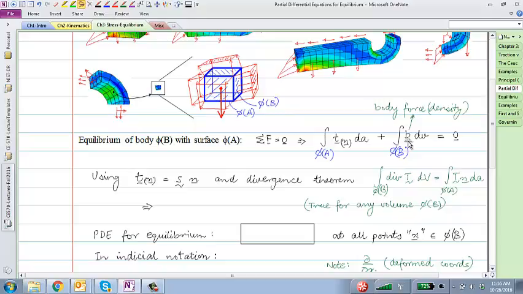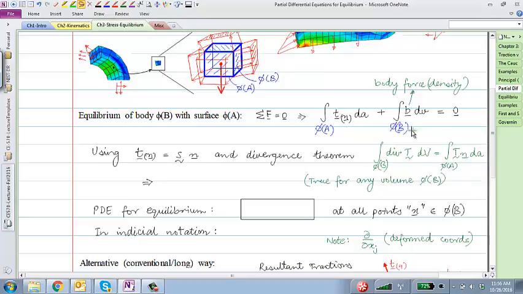Density times acceleration due to gravity, and minus E2. Rho g times minus E2. A body force density is a vector, so you must specify both the magnitude and direction for a body force. Very similar to traction. Traction is distributed force per area. Body force density is distributed force per unit volume. So that's what this is, and that's what would make sure that some body is in equilibrium.